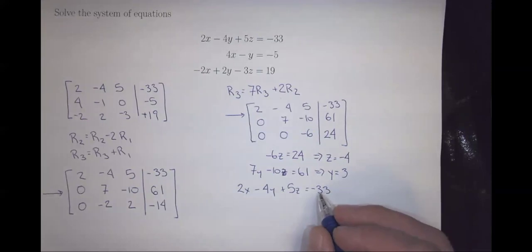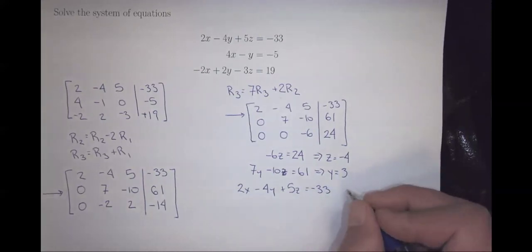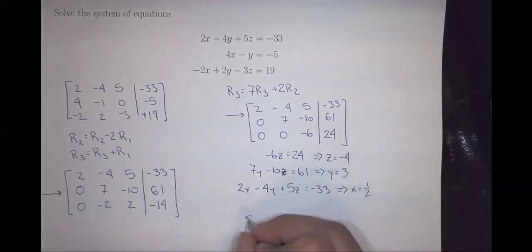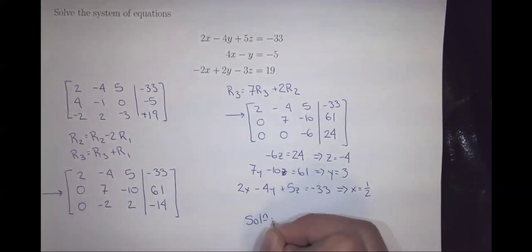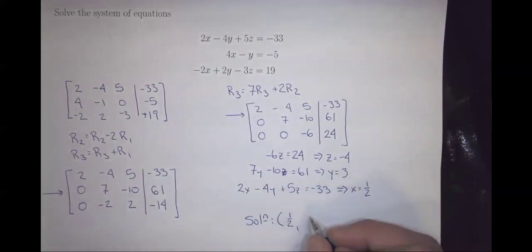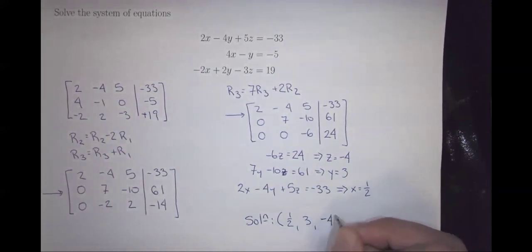So that leaves us with a 1, and we divide through by 2, and so x is equal to a half. So our solution is x equals a half, y is equal to 3, and z is equal to minus 4.